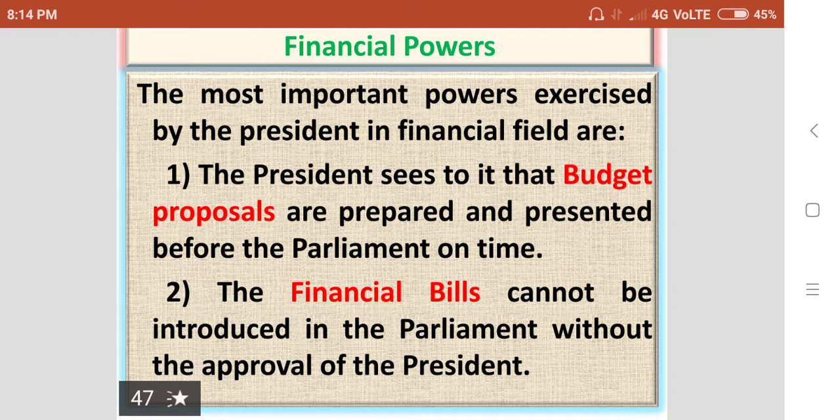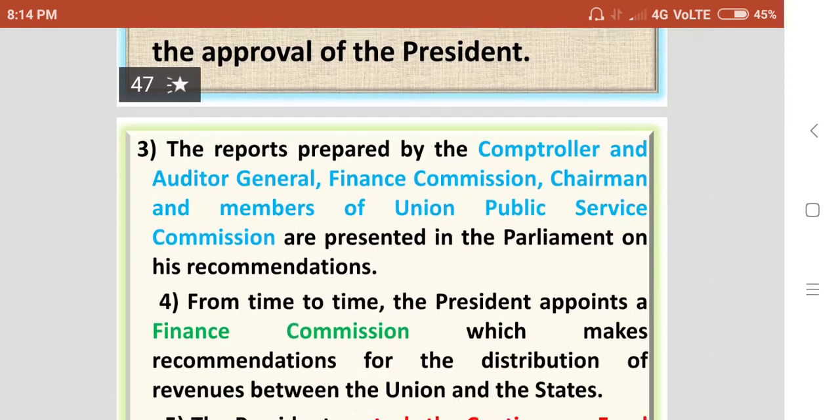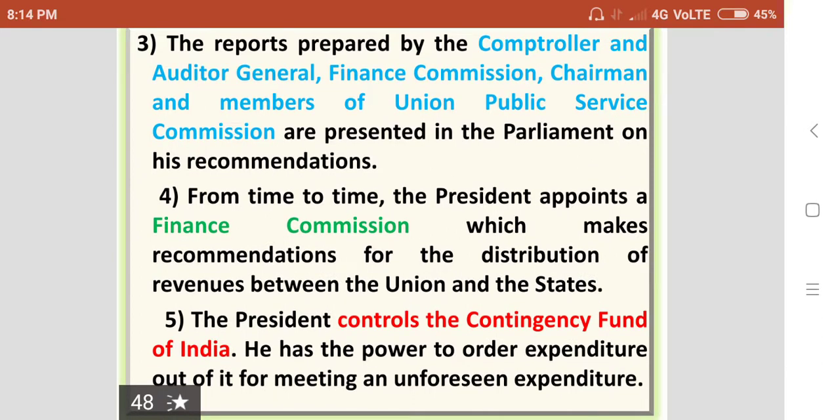So, finance bill must get the approval of the President. Third financial power, the reports prepared by the Comptroller and Auditor General, Finance Commission, Chairman and members of the Union Public Service Commission are presented in the Parliament on his recommendations.